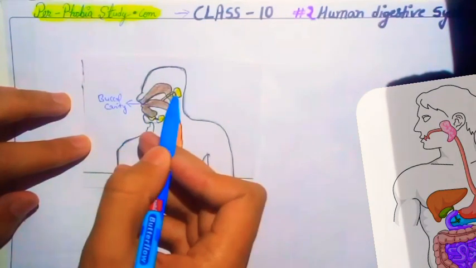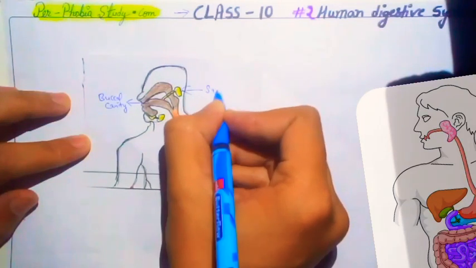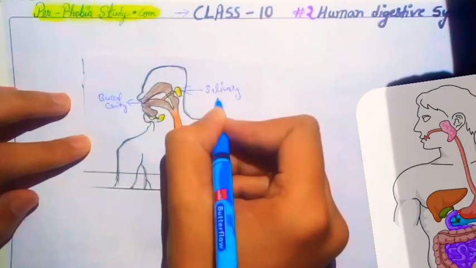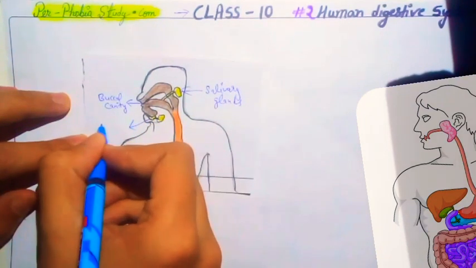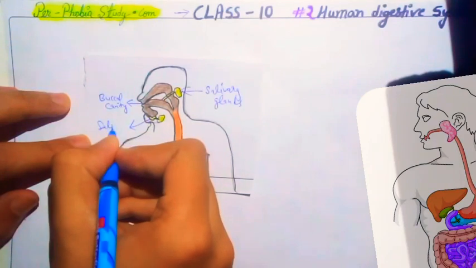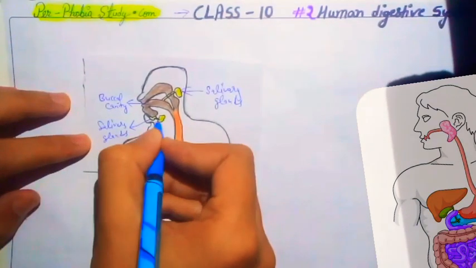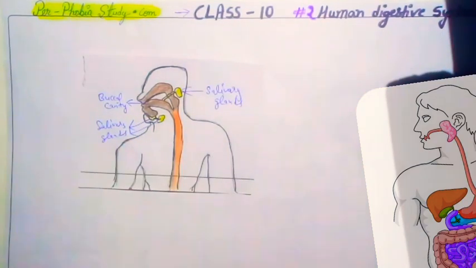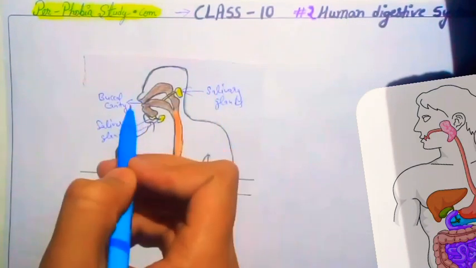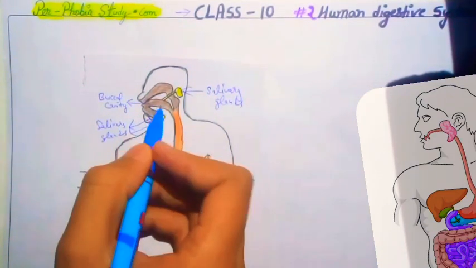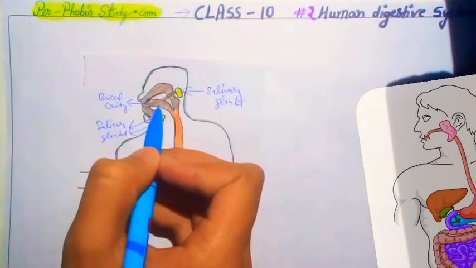These yellowish glands are salivary glands. These glands secrete a fluid called saliva.